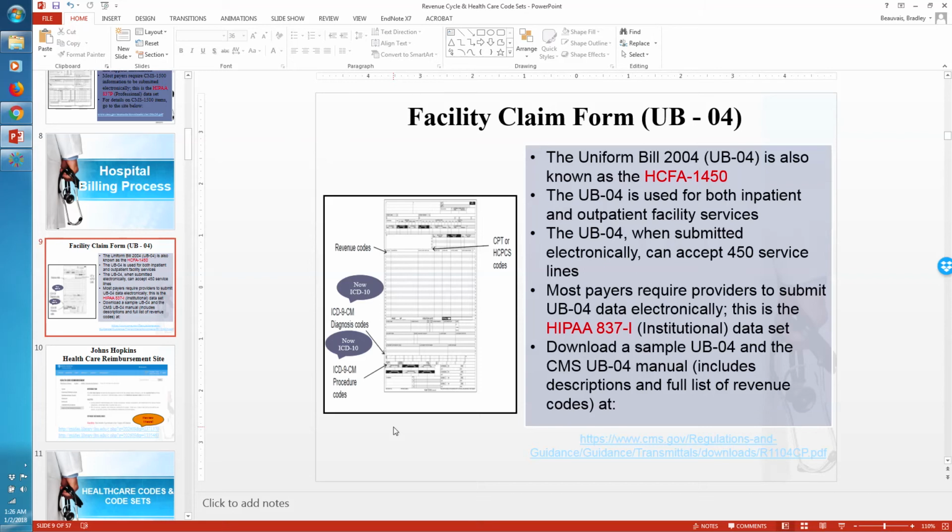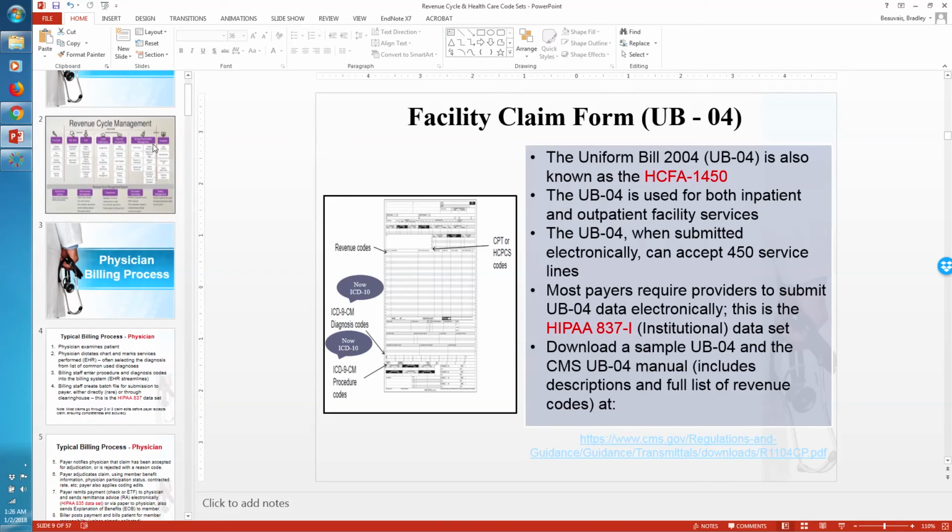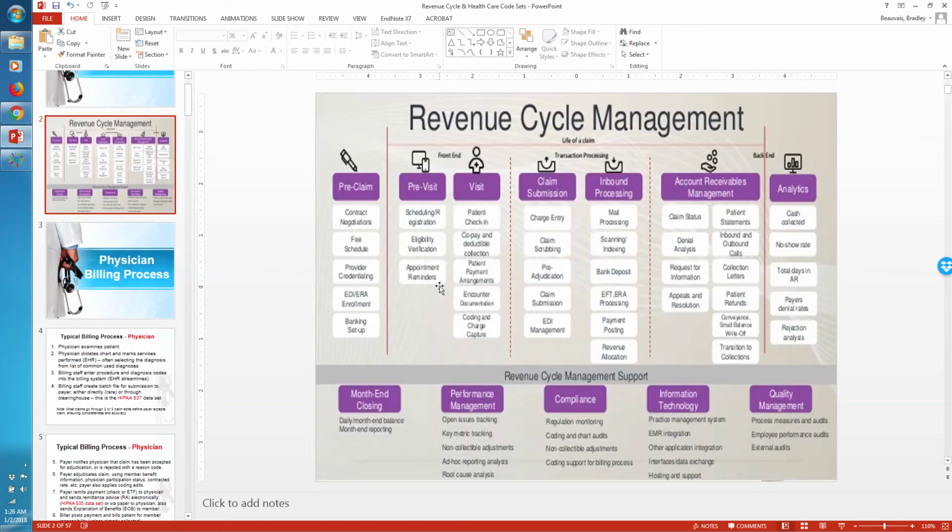Okay, and realize too, in a large organization, you could have 100 or more people involved in this entire process. It's going to be touching multiple different departments, multiple different sections.